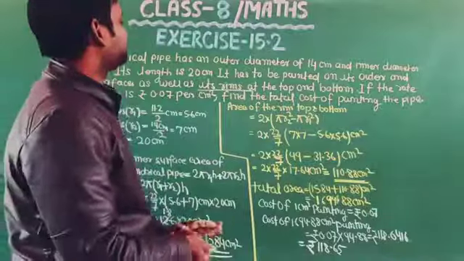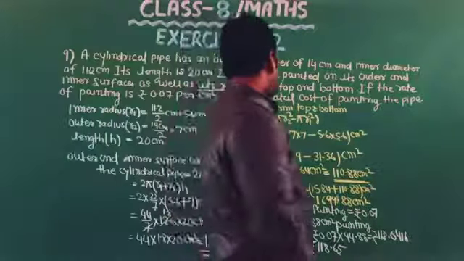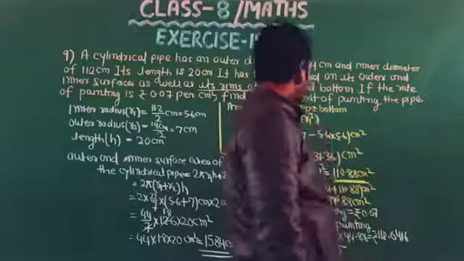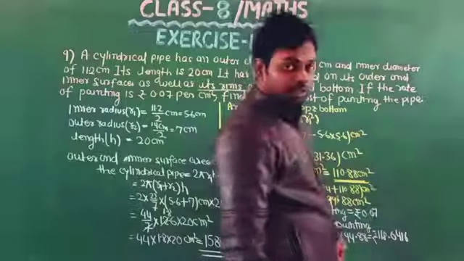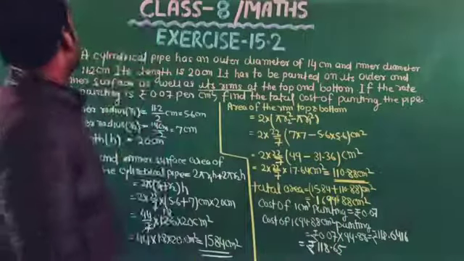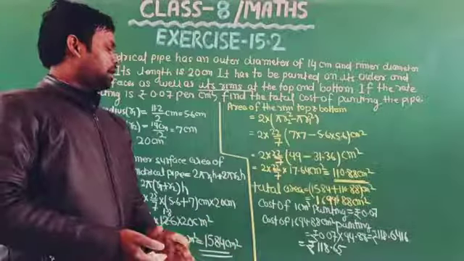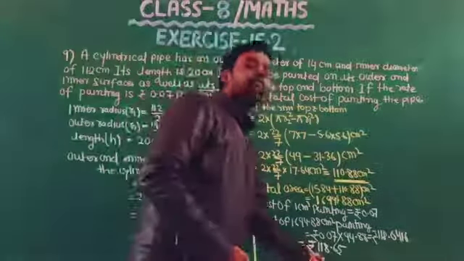So this is the total cost of painting the pipe. Total cost of painting the pipe is equal to 118.65 rupees. Okay, so dear children, this is the solution of question number 9, and this is the required answer.